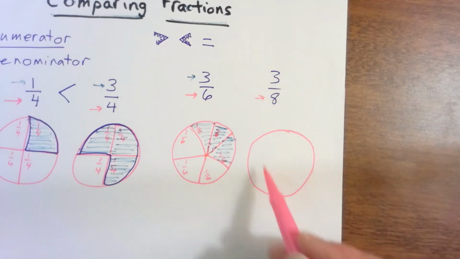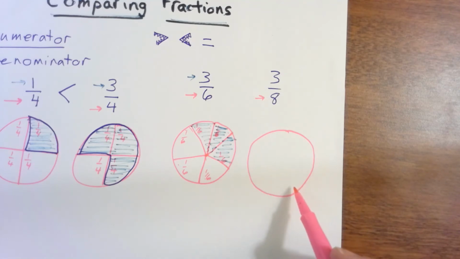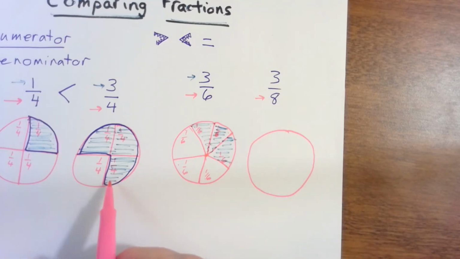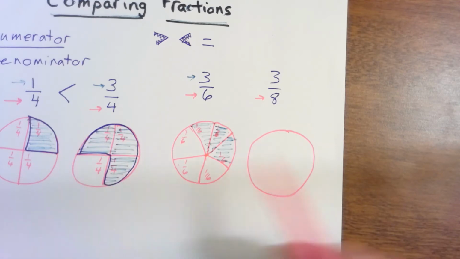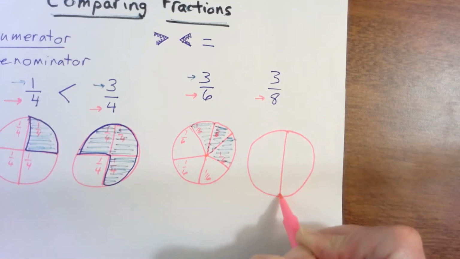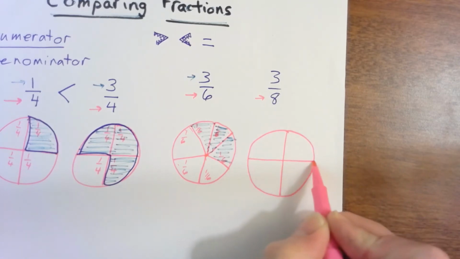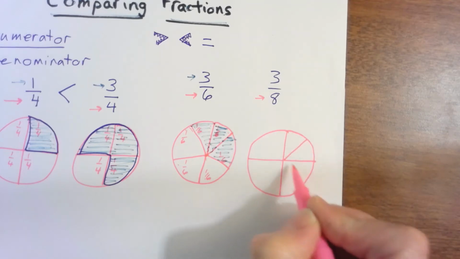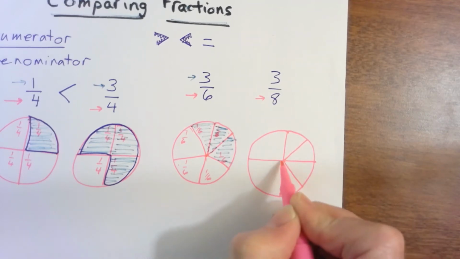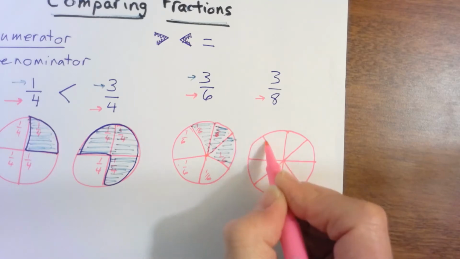That means I have to divide the whole into 8 pieces. Well, I remember back here I had 4 pieces. So I think if I divide those again, that would be 8 pieces. So here's a half. Here's 4 pieces. Now I'm going to divide this in half. 1, 2, 3, 4, 5, 6, 7, 8.